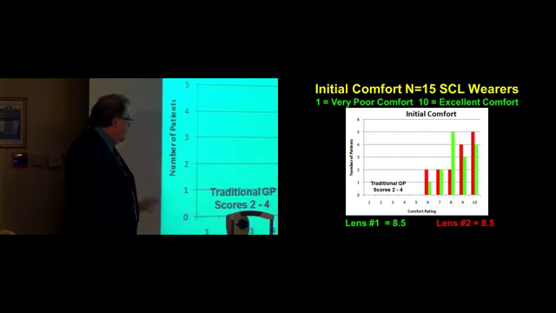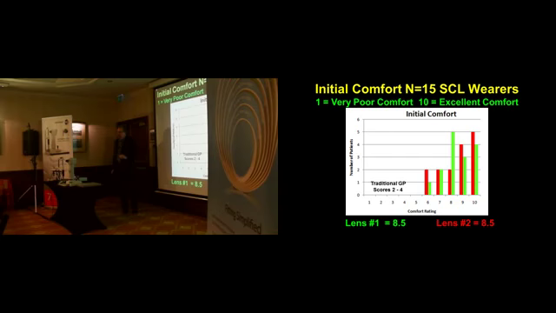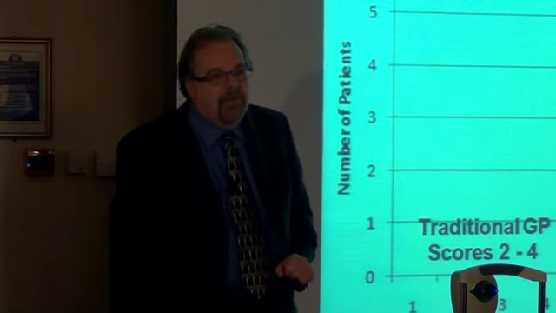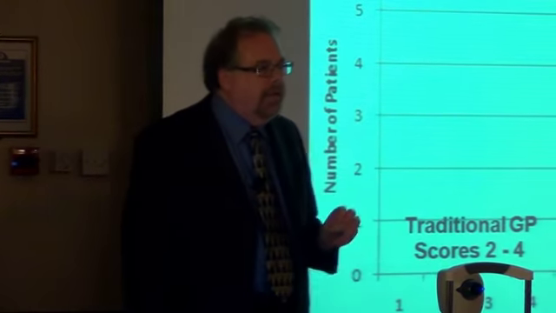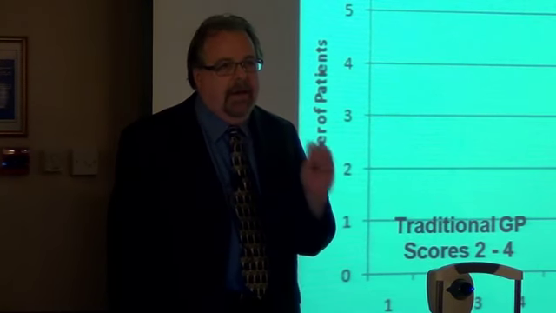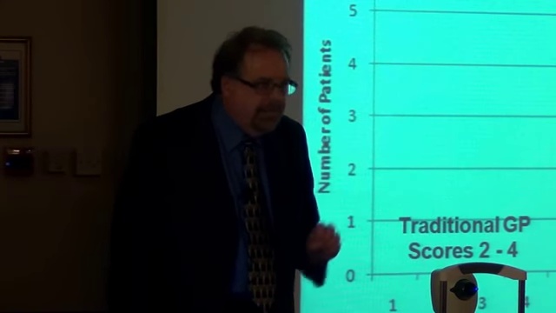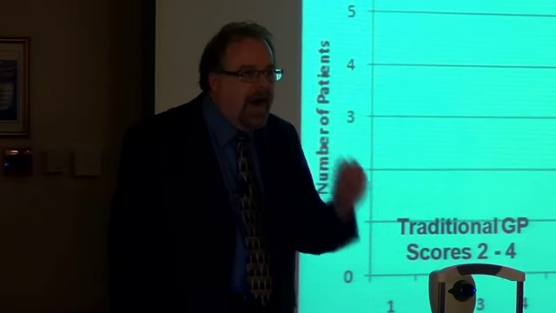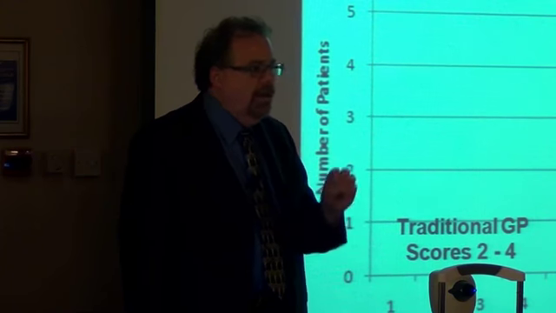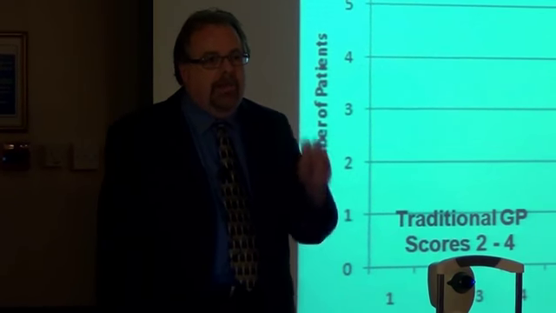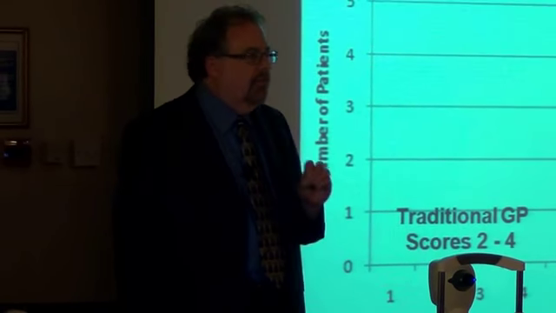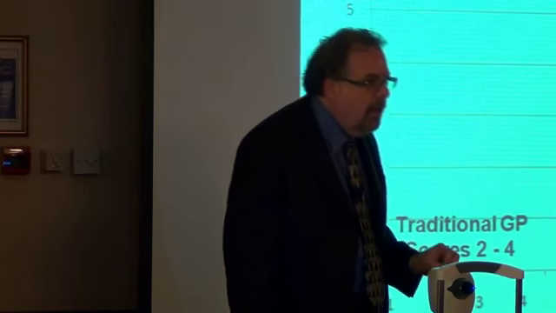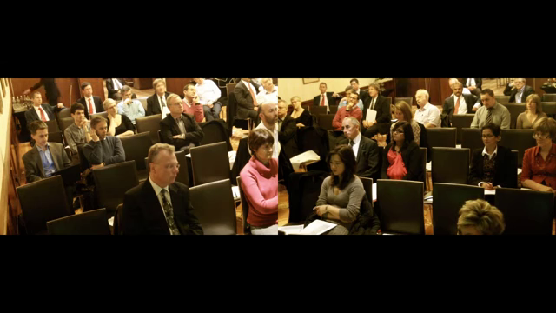Now, when we were doing our scleral lens studies, we looked at 2 different designs, and we found that the average scale reading in non-adapted contact lens wearers, these were not rigid lens wearers, they were not soft lens wearers, these were eyes that had never worn a contact lens before. The average rating of the scleral contact lens was 8.5 at initial application.